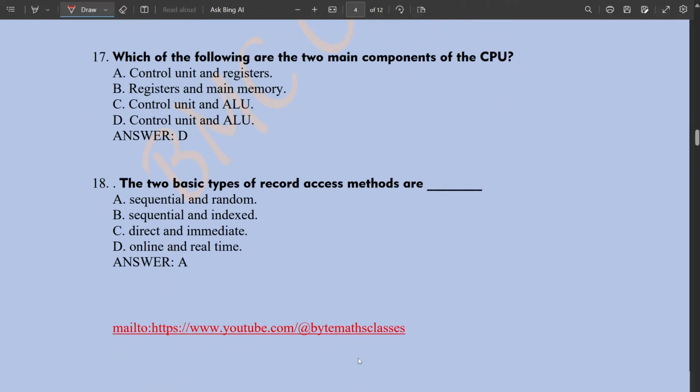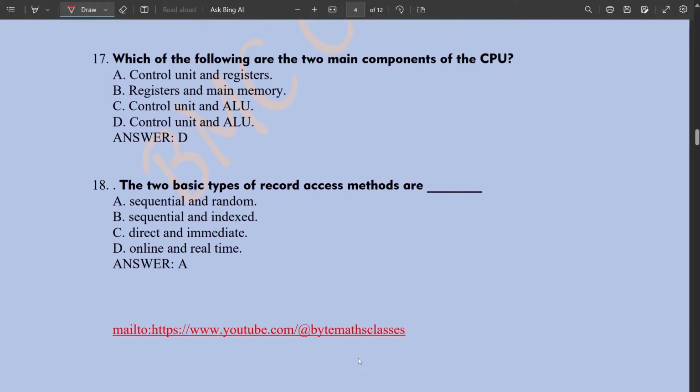Next, which of the following are the two main components of the CPU? We know the major components of the CPU are 3. Here, the control unit, CU, and ALU.